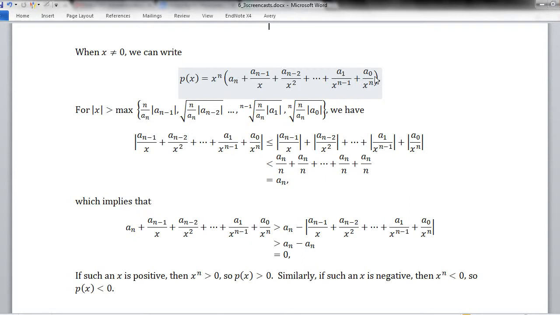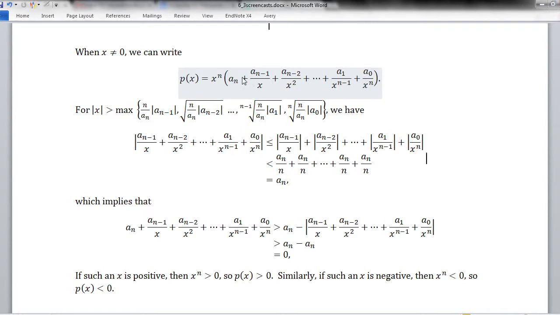And it looks like kind of a mess, but the thing is, as the absolute value of x gets big enough, these denominators keep getting bigger and bigger and bigger, but this term, nothing happens to it, right? And so, yeah, if the absolute value of x is big enough, then none of these terms are going to matter. And a sub n, which we're assuming is positive, is going to win, right? And so this value in parentheses will be positive.